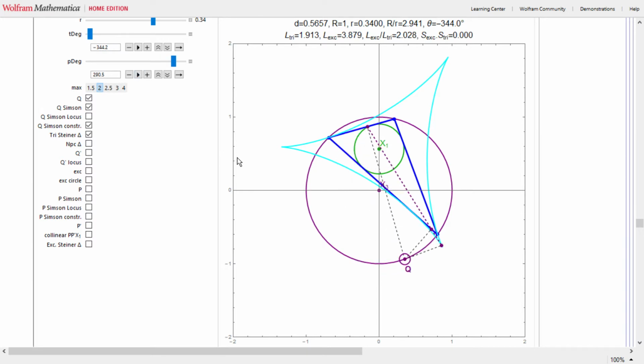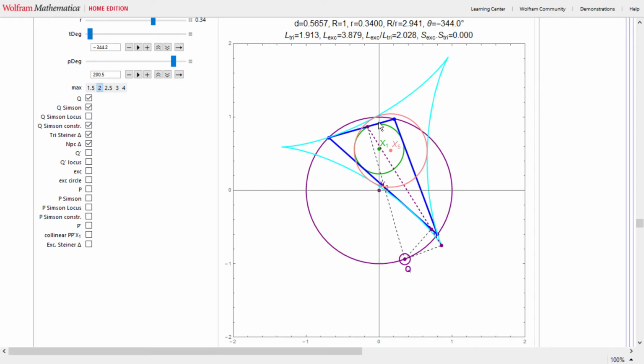The 3 cusps of the deltoid define an equilateral triangle, and the circle that is internally tritangent, or tangent on each one of these branches of the deltoid, happens to be the 9-point circle of the blue triangle, which I can draw here. So here's the 9-point circle of the blue triangle.